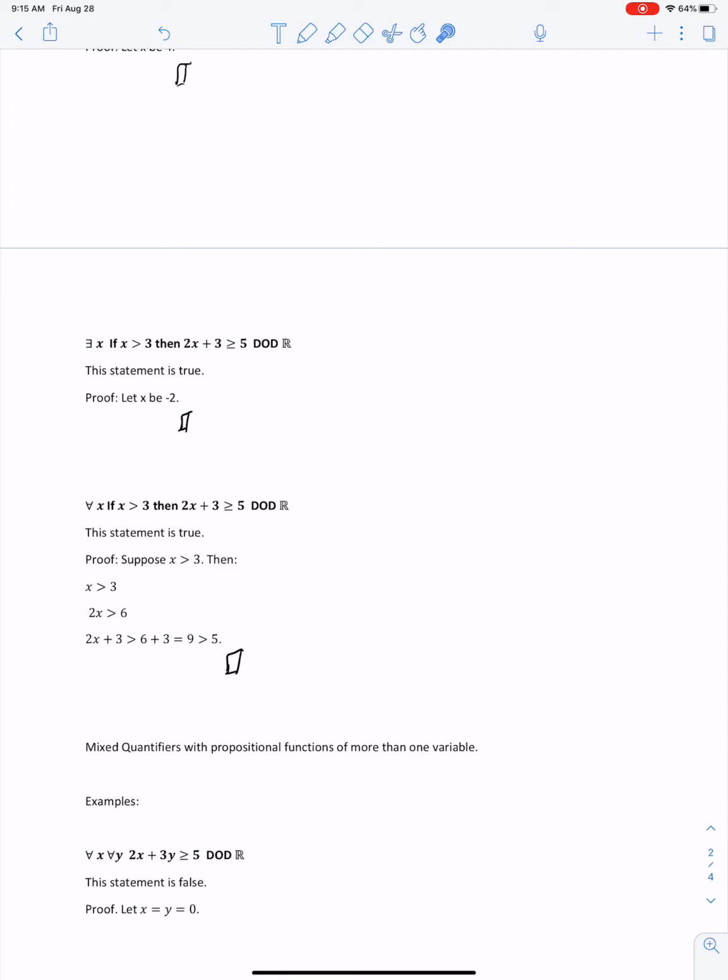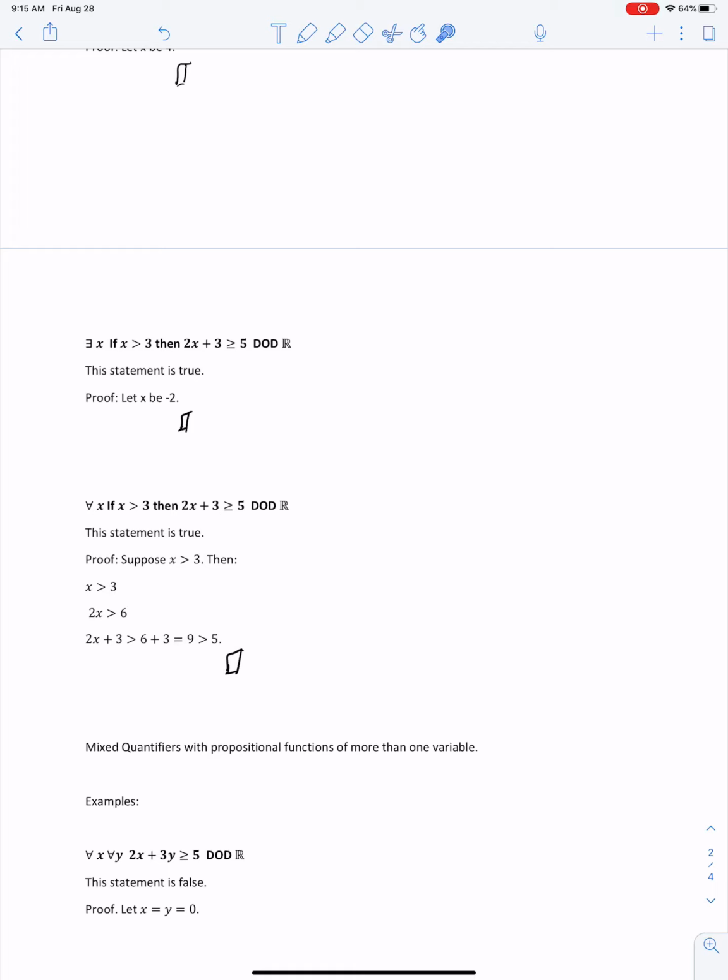I start out by assuming the hypothesis is true, x is greater than 3, and then I'm going to show that the conclusion must necessarily be true. If I do that, then I've shown this conditional statement is always true.